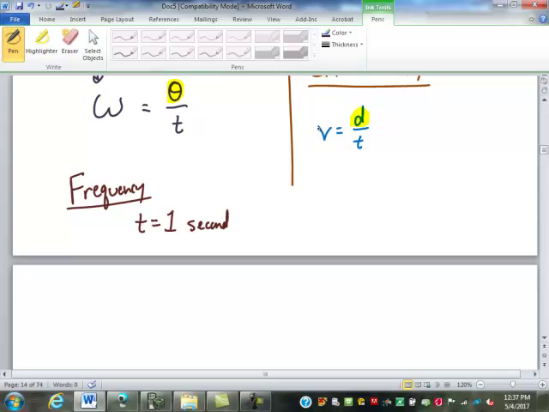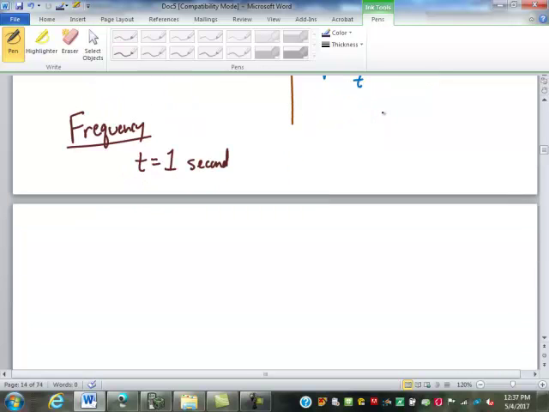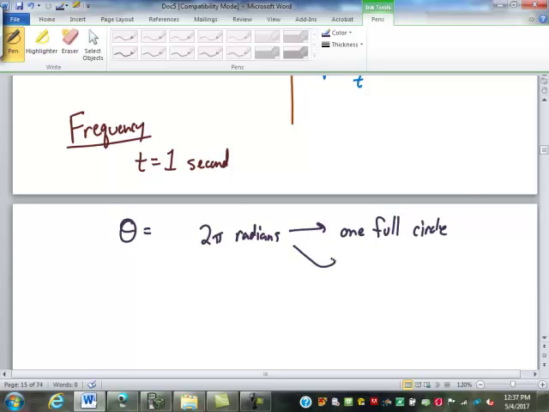Distance, yes. And technically I could have used the letter S there for displacement, but it means the same thing. Distance moved. Theta is usually represented in radians. So remember, 2 pi radians is equal to 1 complete circle. So that's going to be 1 complete cycle.